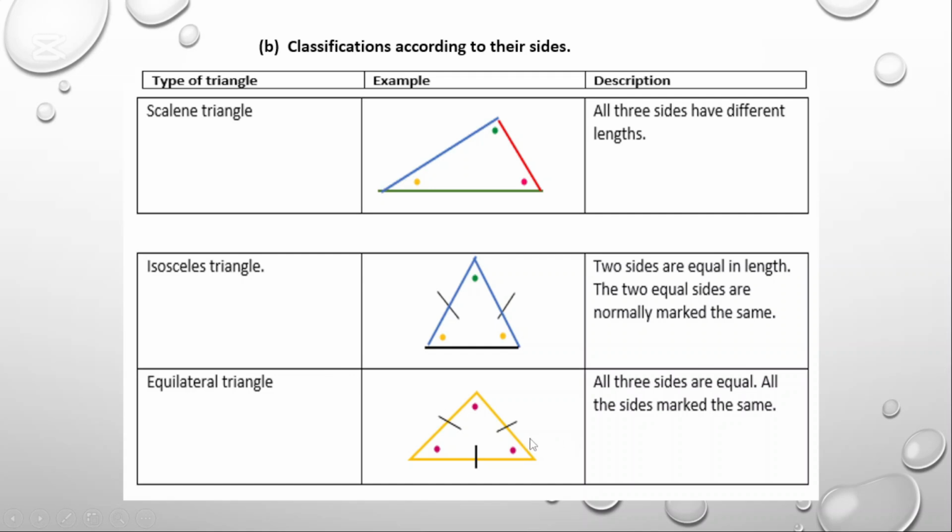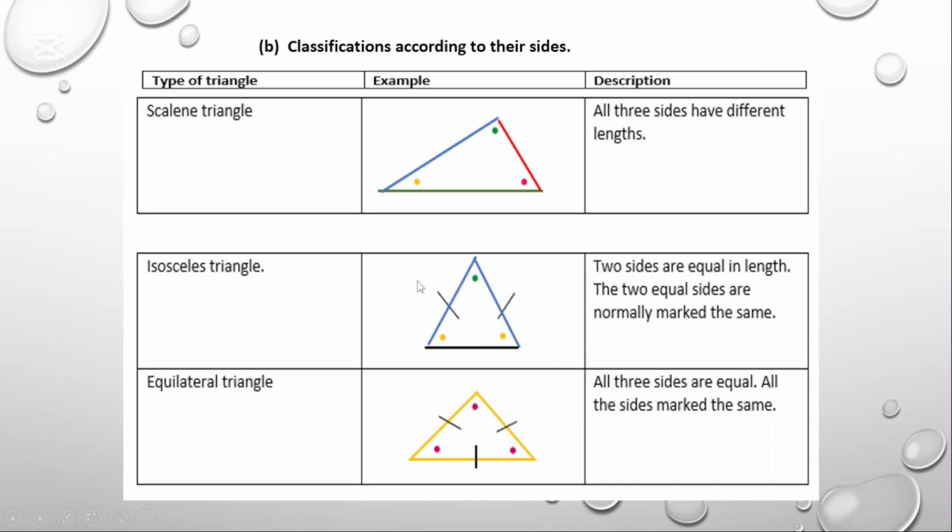Then the last one, you can see all three sides in yellow. So all three sides are equal. That's why I mark them all the same, and we call that an equilateral triangle. So scalene, all three sides have different lengths.